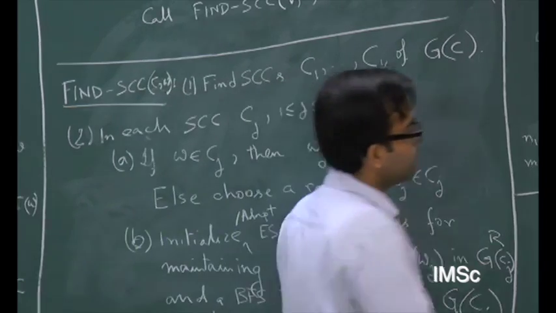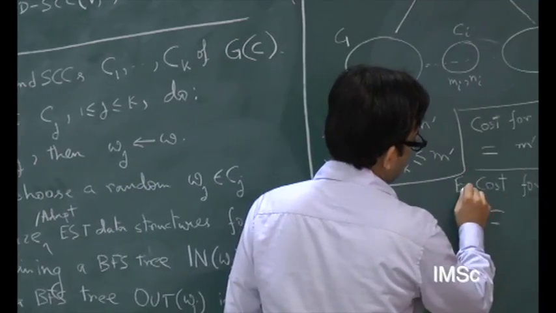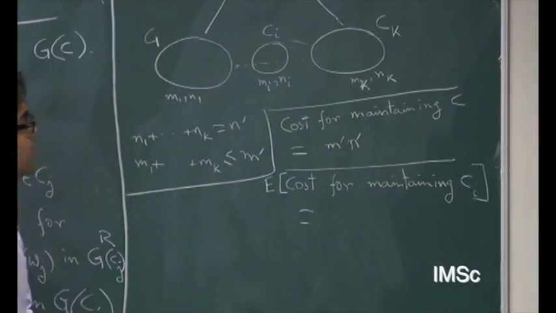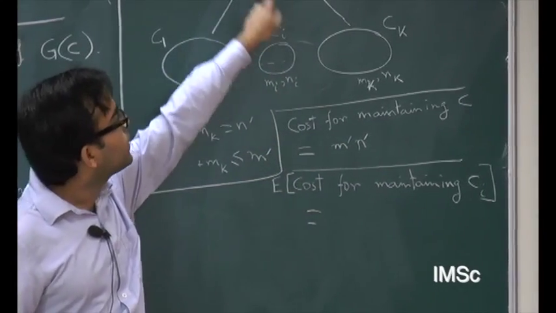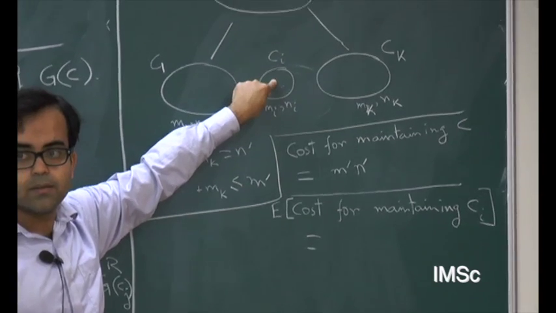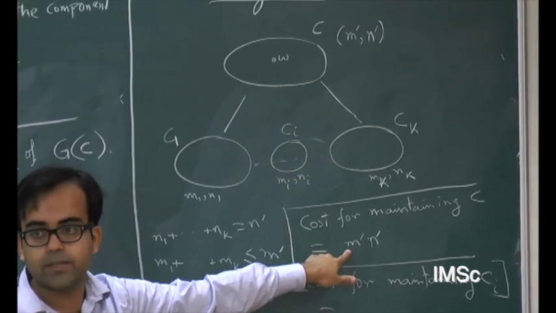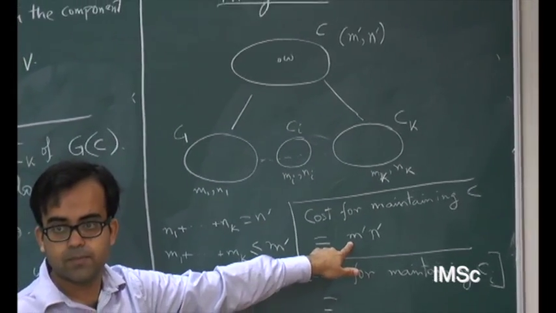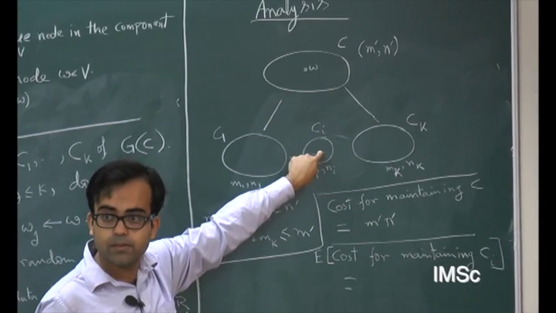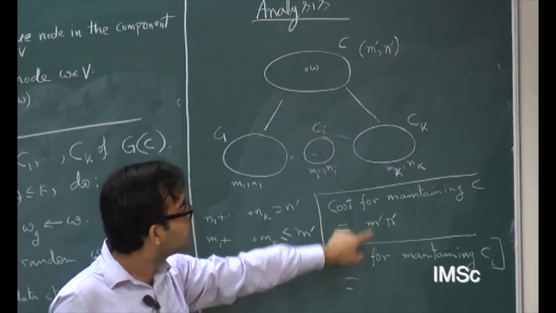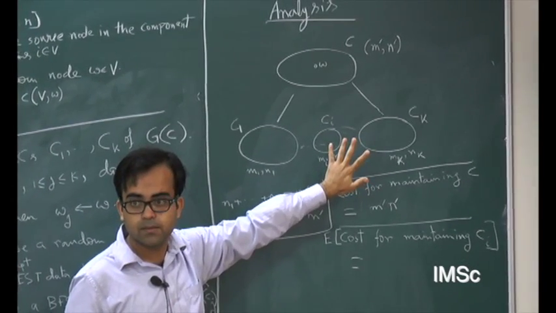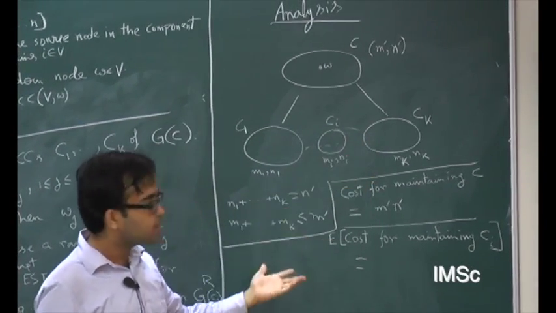It is actually going to be an expected cost thing. Why? Because if we are lucky enough that this W appears here, then we have already taken care of that term above. And if we are unlucky that W does not appear here, then the cost is Mi times Ni. Clear?